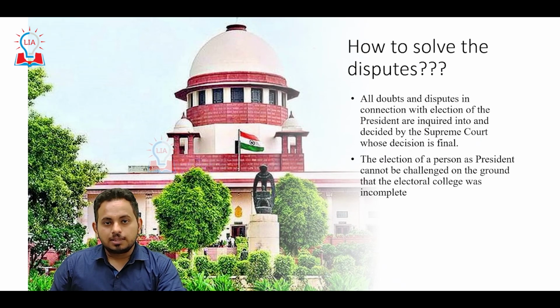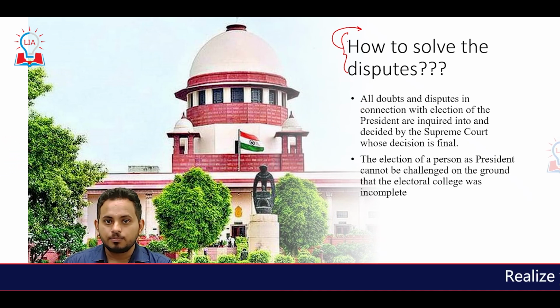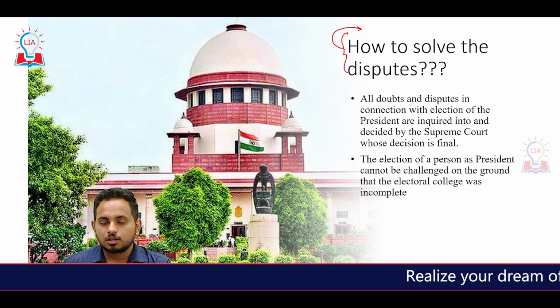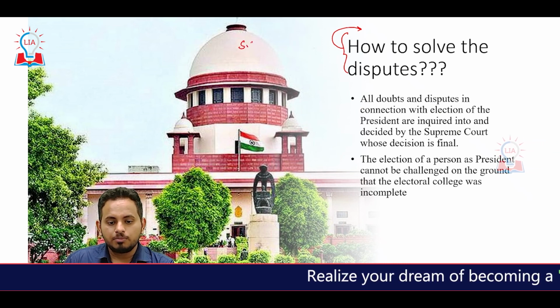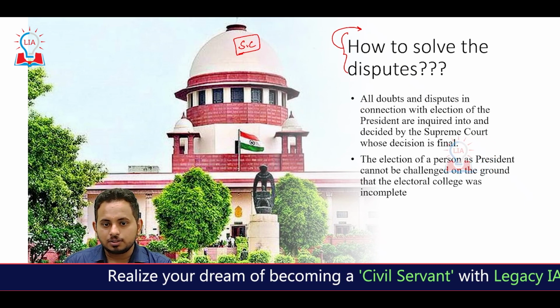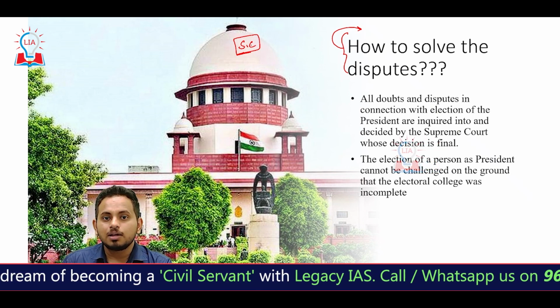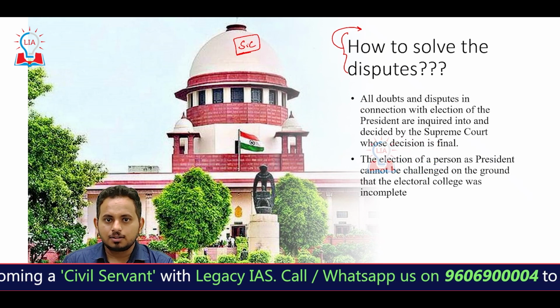If suppose in the entire process there are any disputes, if there are any grievances, then who is the deciding authority? Who decides it? We have seen the Election Commission is the authority to regulate and monitor the election, but who is the authority who solves the disputes? Okay, you can see the Supreme Court of India is the body or the organ of the governance which will look into any disputes that arise from the election procedure of president and vice president.